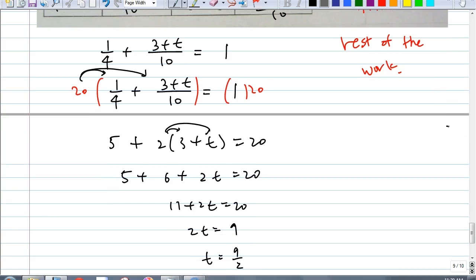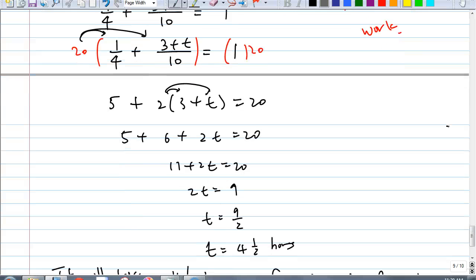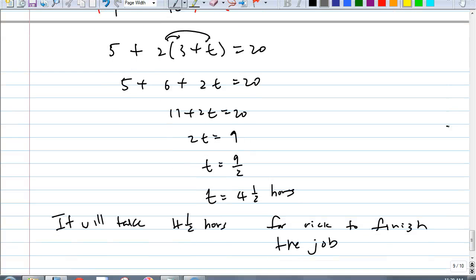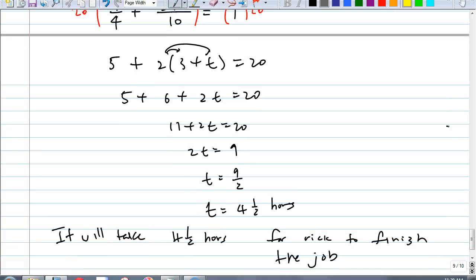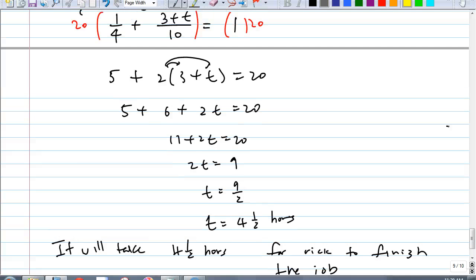That's the answer. Raise your hand. Good. Not all of you, but do you see how you multiply both sides by 20? That means after Bill left, Rick has to work how much? 4.5 hours. Okay? Does that make sense?